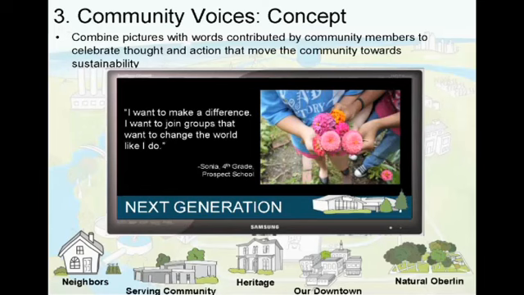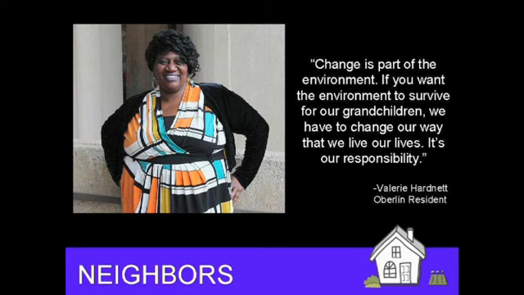Okay, and we have 6 different categories of messages. We have a number of messages that come from children. We call that next generation, and we think that children are probably particularly effective spokespeople for many environmental issues. So we have students, for the large part, who have gone out into the community and engaged in interviews with all kinds of people.